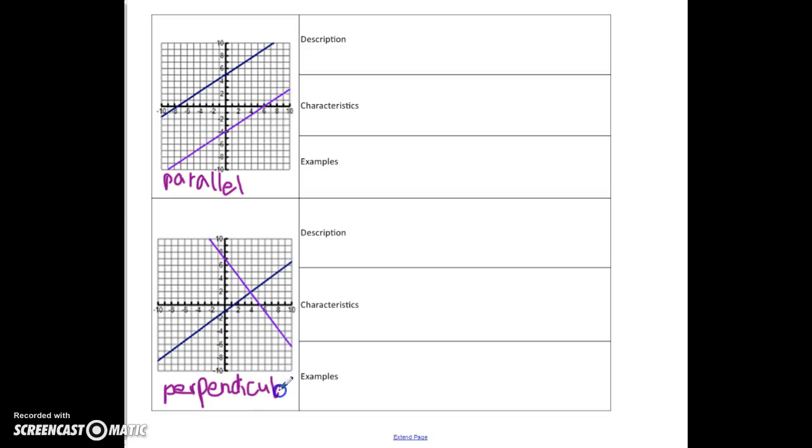And then our description, we need to know that parallel lines are 2 lines that never cross.